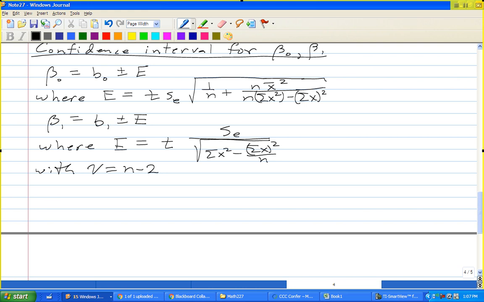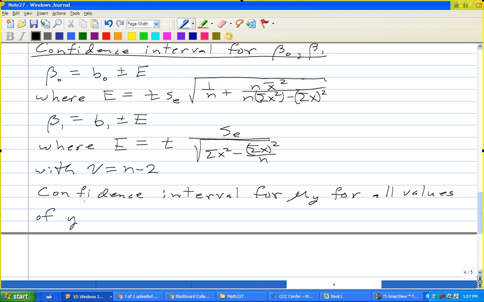Lastly, the confidence interval for the mean of y for all values of y for which x equals x naught.